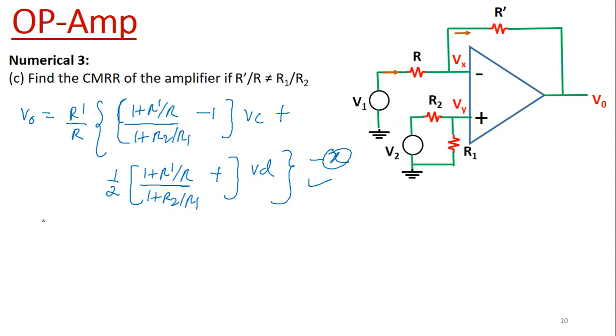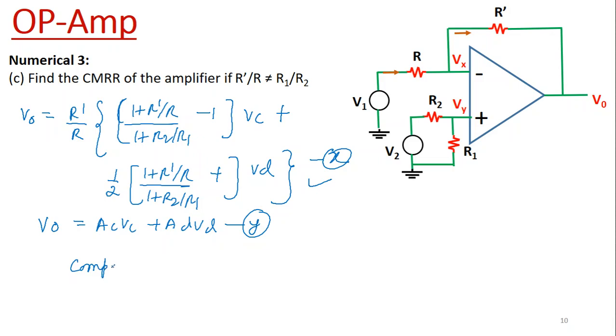Now we have one more equation, that is equation number 3: V0 is equal to ACVC plus ADVD. Let this be equation number y.